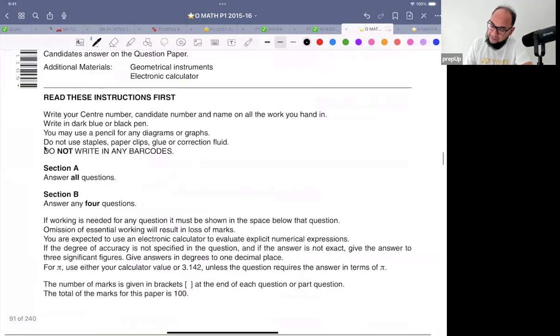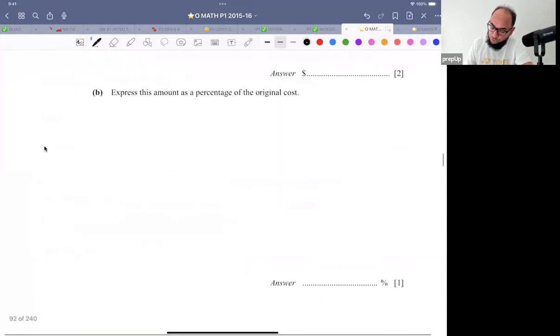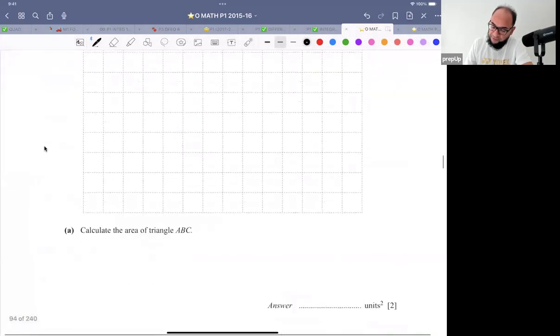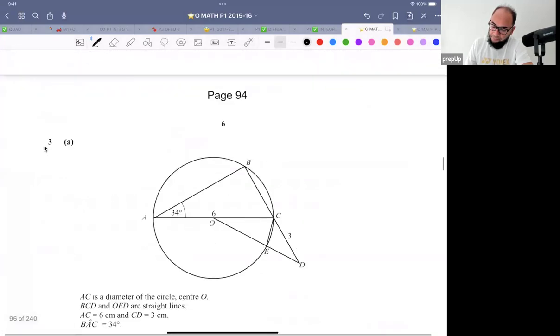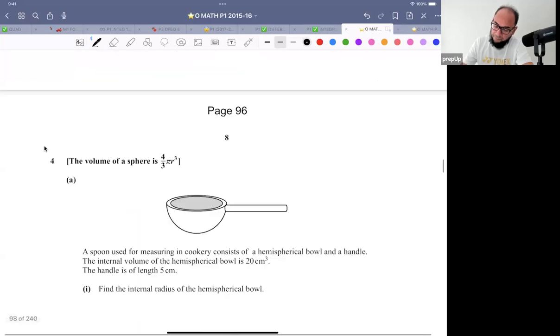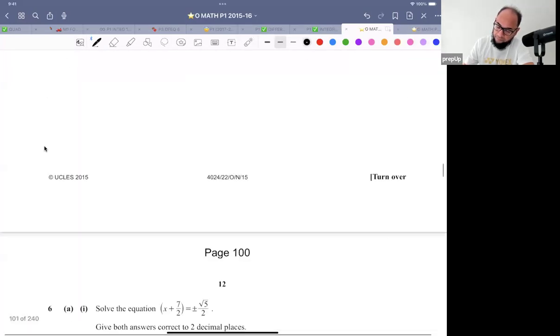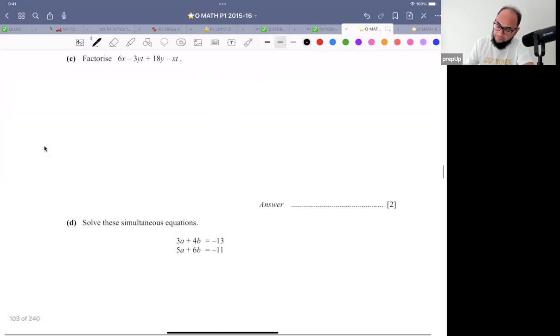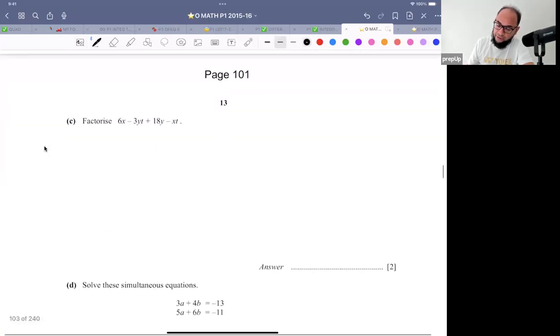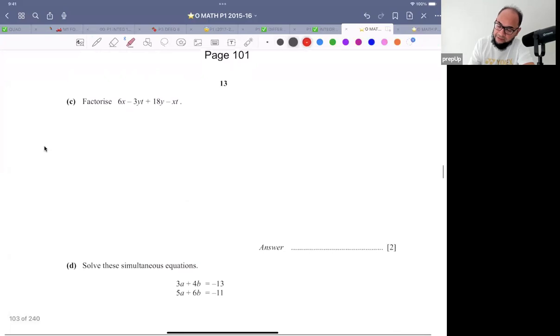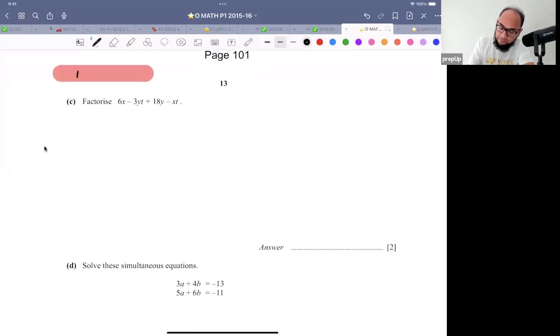Another paper, this is again 2022. I think the labeling is wrong. This is paper 2, not paper 1. Okay, try out these two parts. This is again algebra. I'll just pause the recording.